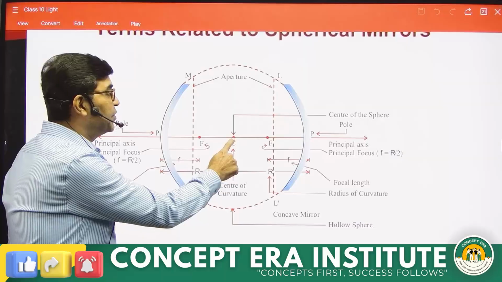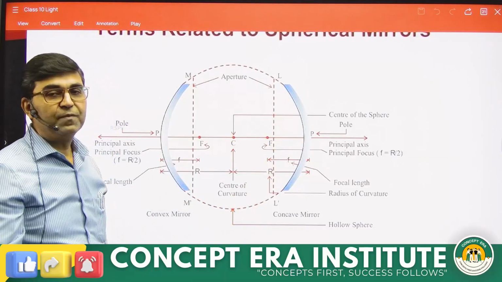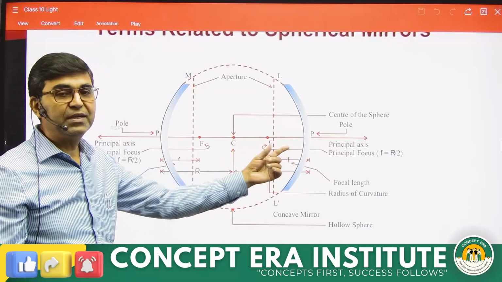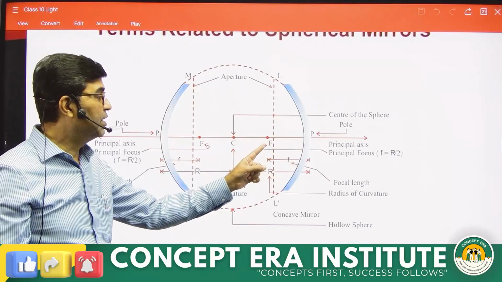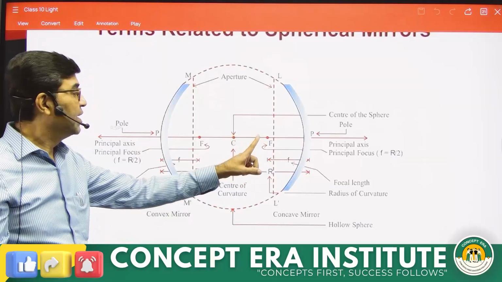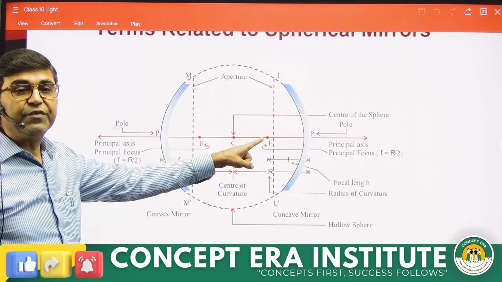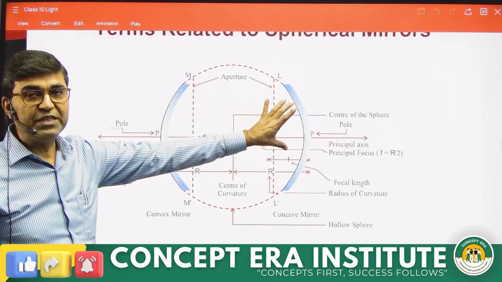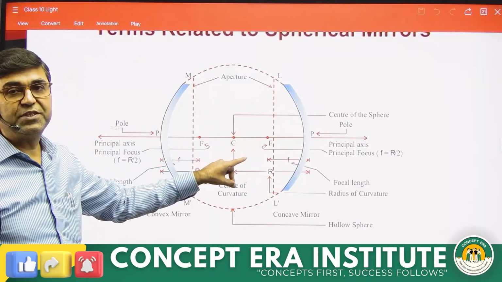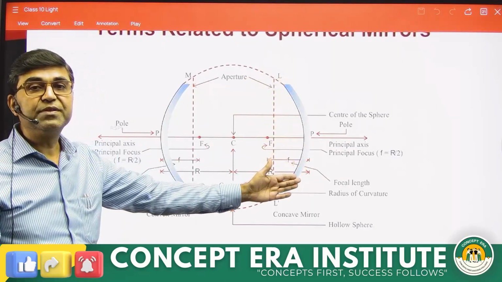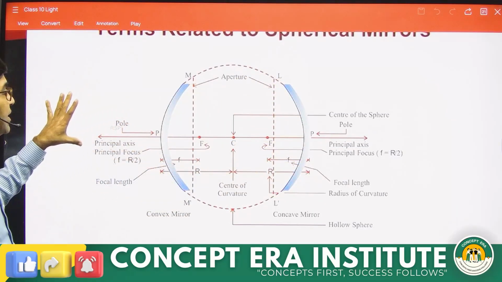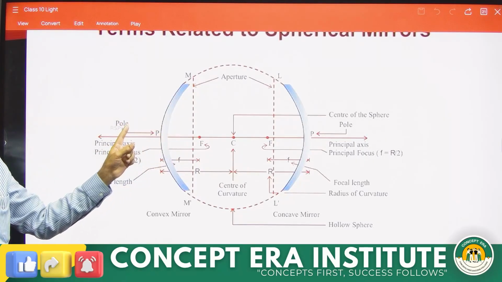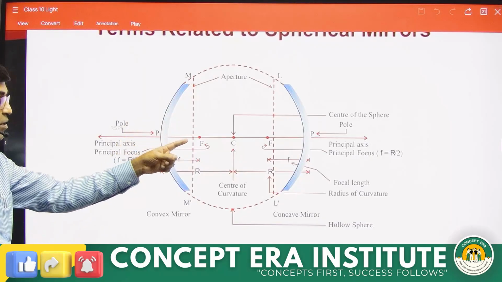The geometrical center of the distance between center and pole, that is half the radius of curvature, is called the principal focus. This is the point where all the light traveling parallel to each other converges if we use a concave mirror, and they appear to diverge and appear to come from a point that is the focus of a convex mirror.